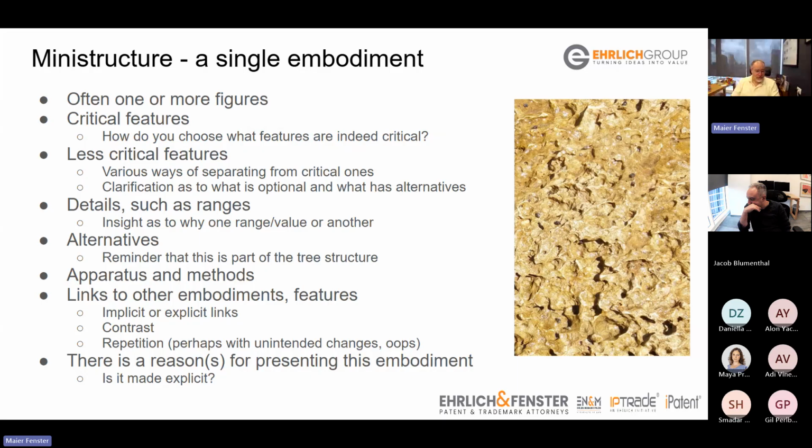Another thing you usually have in an embodiment are details, especially numerical details. It's between 1 and 25 millimeters long. And if you're lucky, you also gave some justification why different values have more value in certain situations. Talked about alternatives. Even if you're describing an apparatus embodiment, you're often going to explain how it's used, all inside one embodiment.